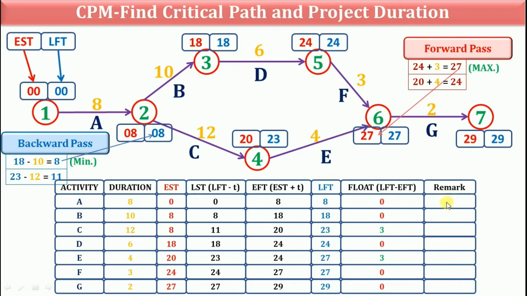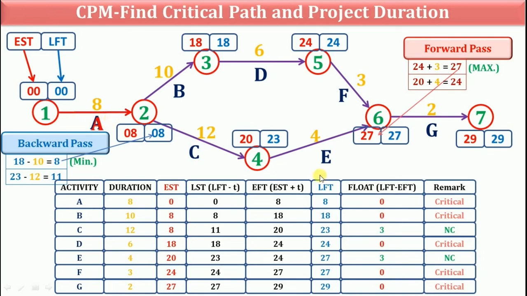Now in the last column, we will mark critical activity and non-critical activity. So the activity having 0 as a float is critical activity. Here critical and critical. In the network diagram, we will mark the critical path by using critical activities.